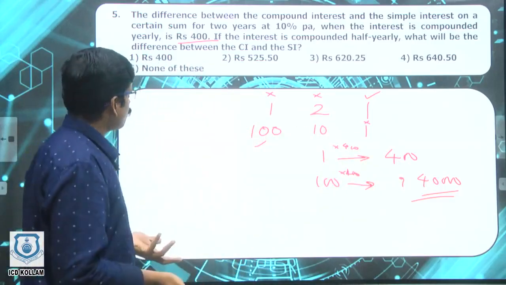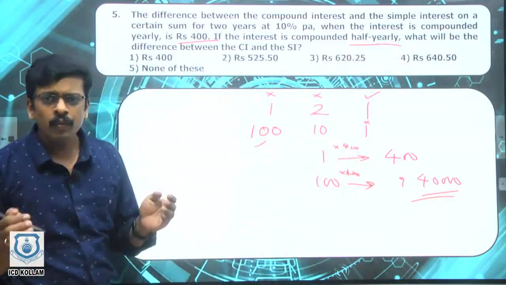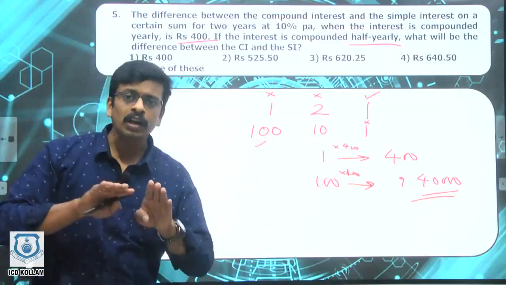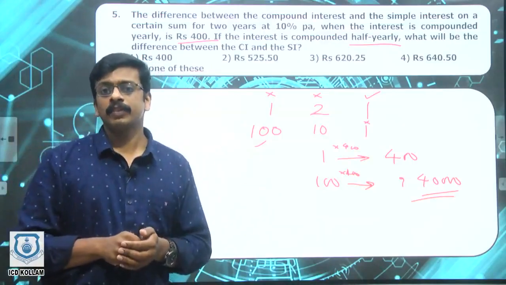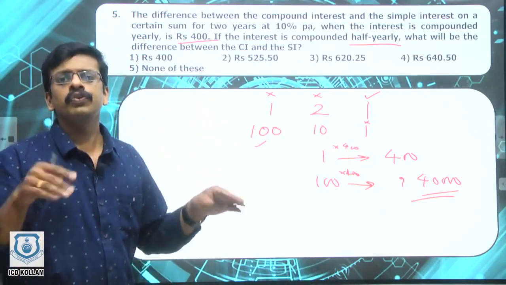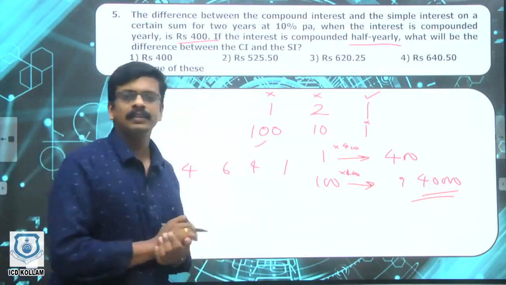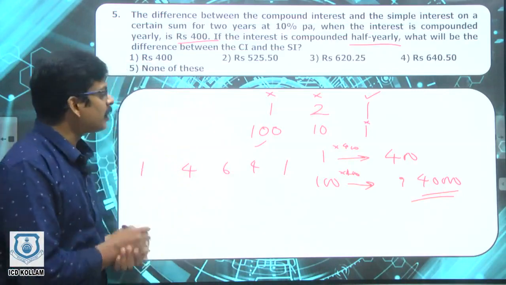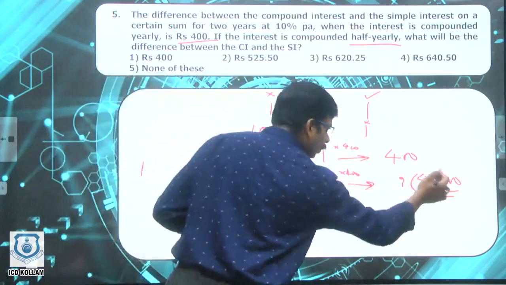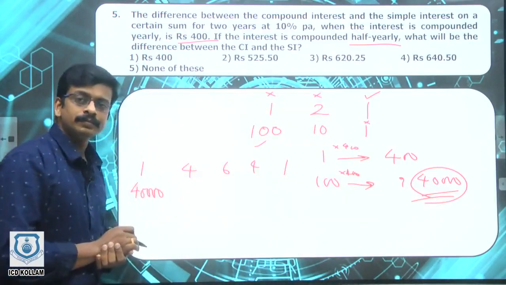Now the second case, it is half yearly. You know, in 1 year there are 2 half years. So in 2 years there are total 4 half years. So for 4 half years, the number is 14641. So apply that number 14641. Now principal will not change. Here the principal is 40,000. Here also the principal I am writing, it is 40,000.